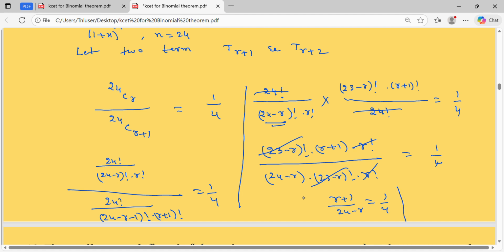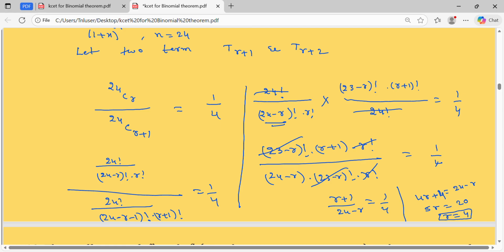So r plus 1 by 24 minus r equals 1/4. Crisscross method: 4 into r plus 1 equals 24 minus r. So 4r plus 4, 5r equals 20, r equals 4.